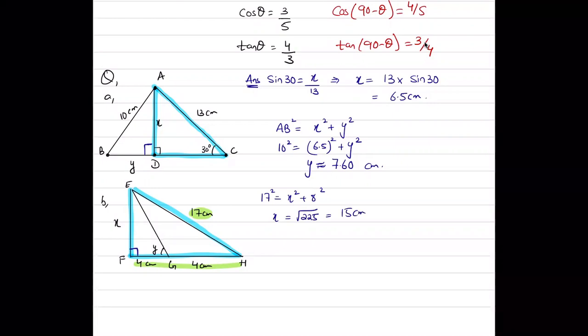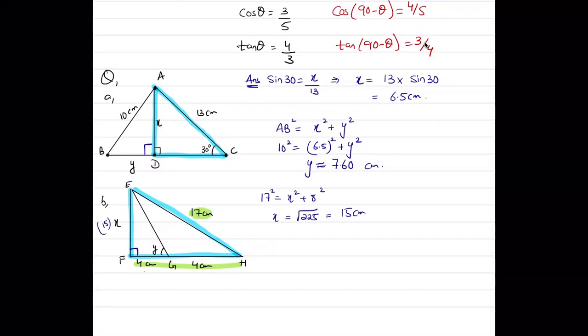And obviously the length x should be less than 17, right? Then we need to find this angle y. So if I consider the triangle EFG, which is a right angle triangle, and I want to find angle y, I am going to see which sides are given to me. The opposite side is now known to me as 15, and the adjacent side is 4.